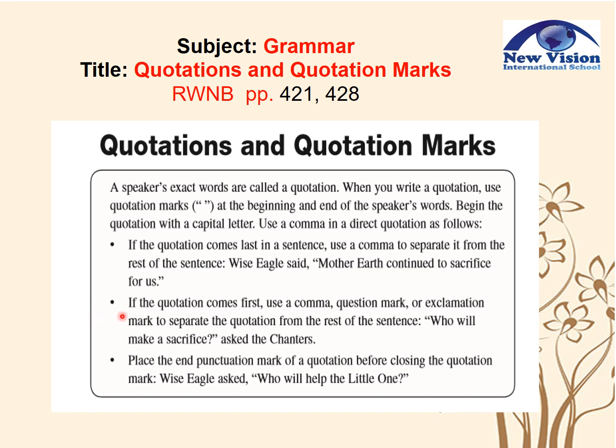Number two, if the quotation comes first, use a comma, question mark, or exclamation mark to separate the quotation from the rest of the sentence. Example: "Who will make a sacrifice?" asked the chanters. Number three, place the end punctuation mark of a quotation before closing the quotation mark. Example: Wise Eagle said, "Who will help the little one?"